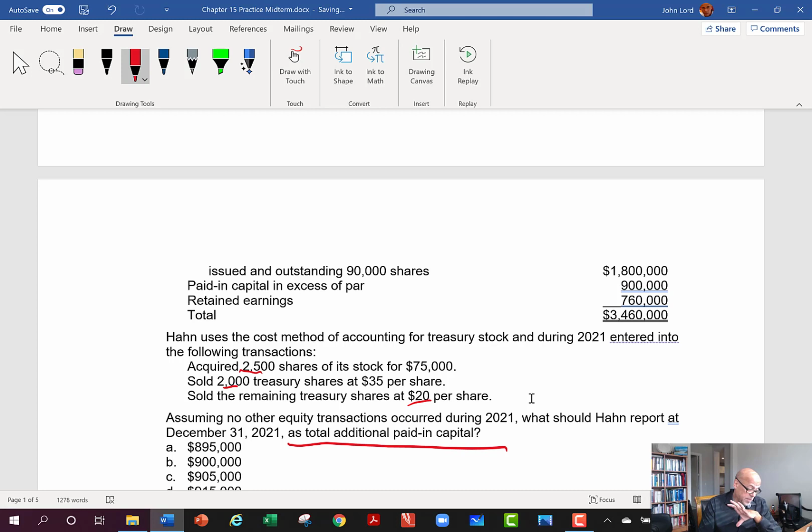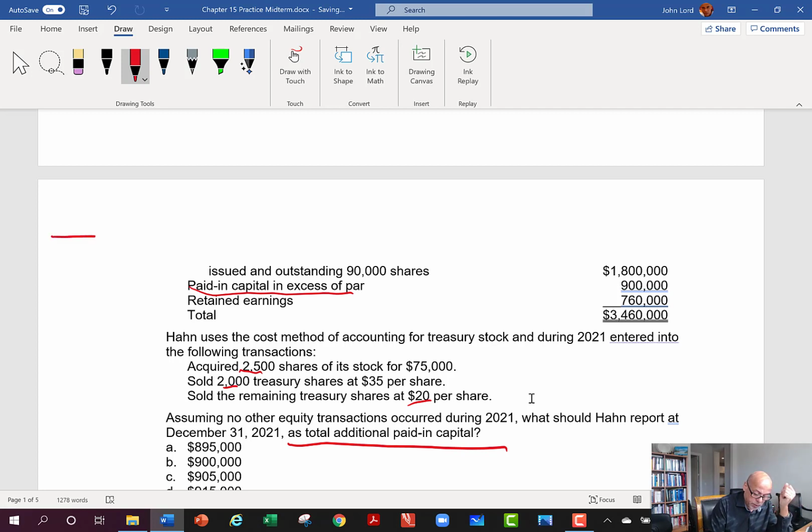Now, when they ask me that, I'm saying, well, I'm going to have to figure out what's going on with APIC. It could be normal APIC, but that answer would also include what? Additional paid in capital treasury stock.